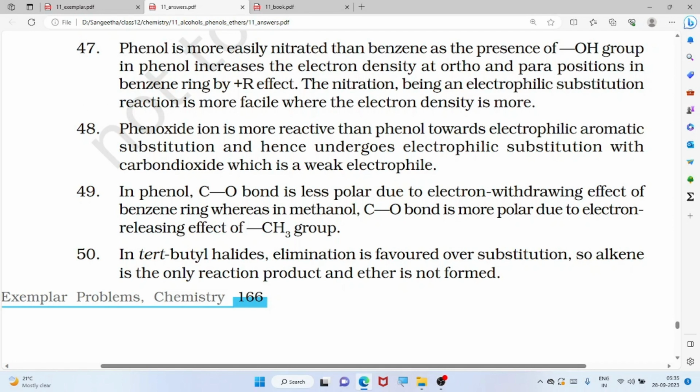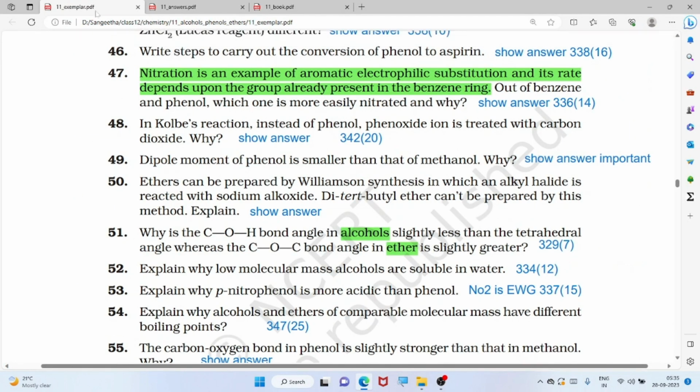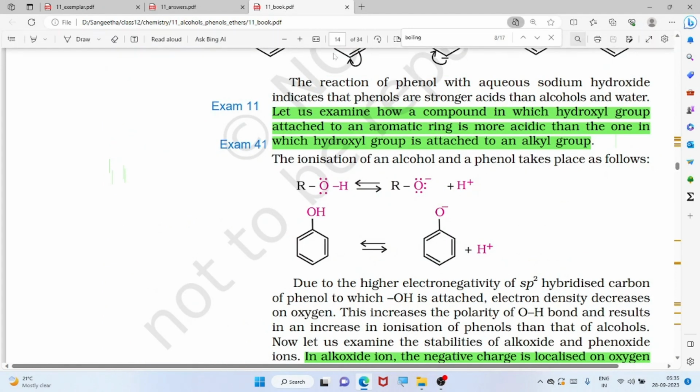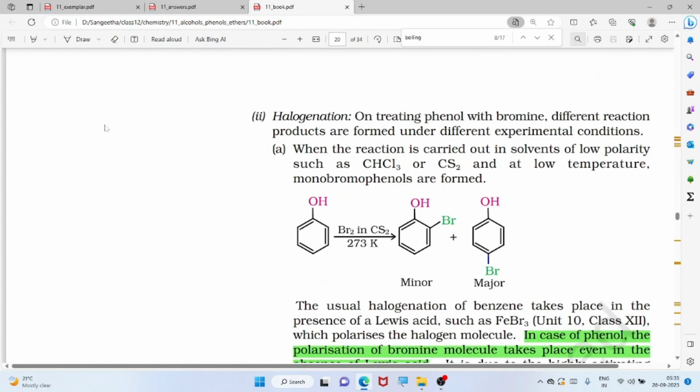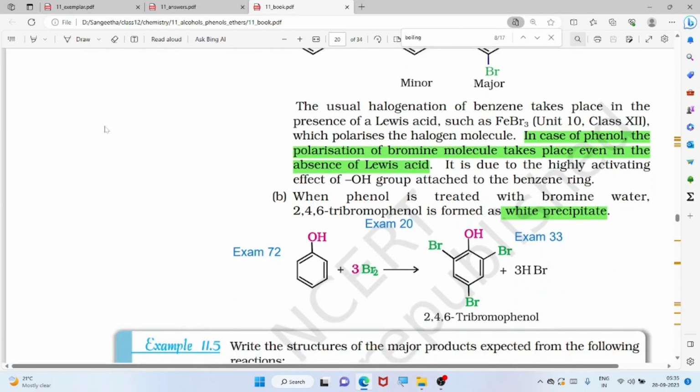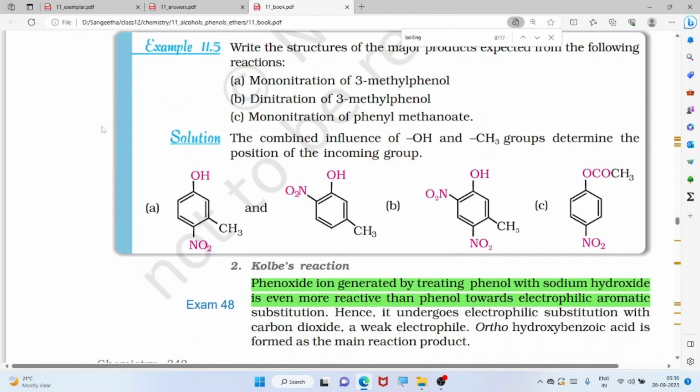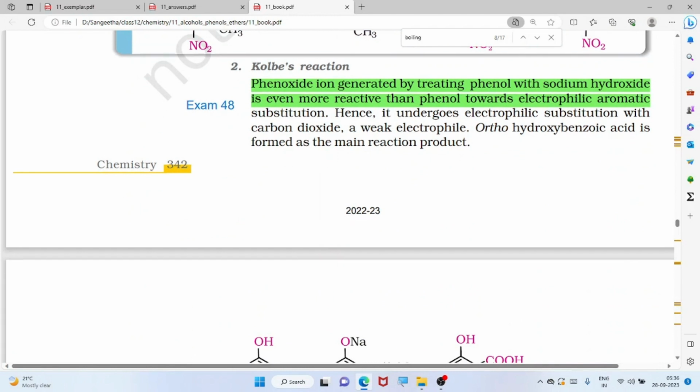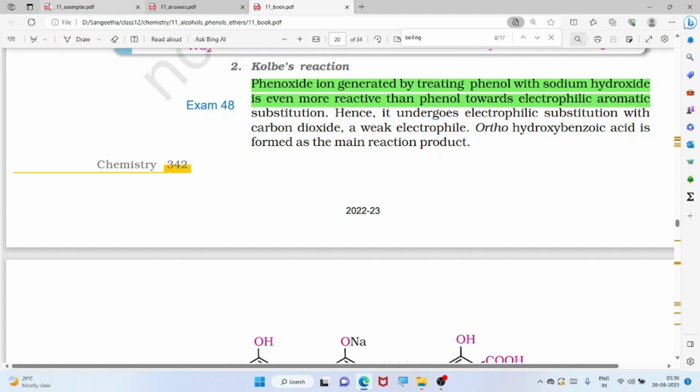Phenoxide, formed by treating phenol with sodium hydroxide, is even more reactive than phenol towards electrophilic aromatic substitution.